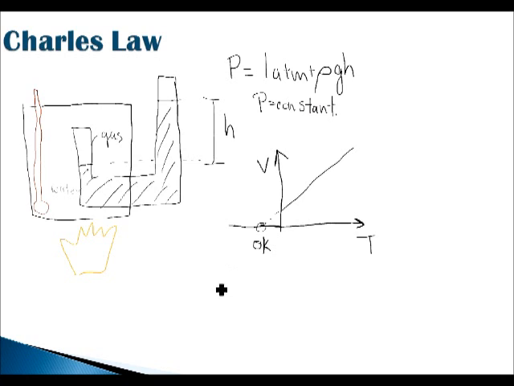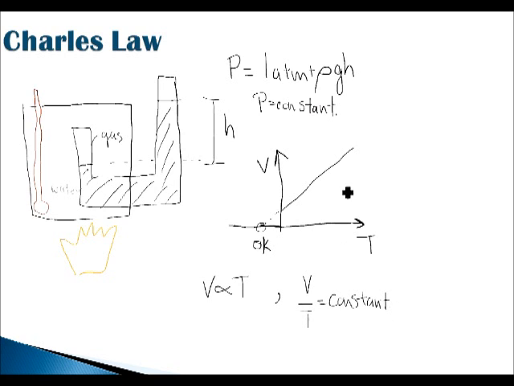Now the relationship we find for this is that since volume increases as temperature increases, V is proportional to T, which we can also write as V over T is a constant.